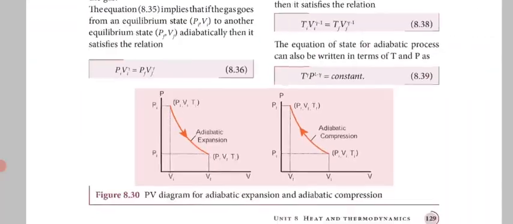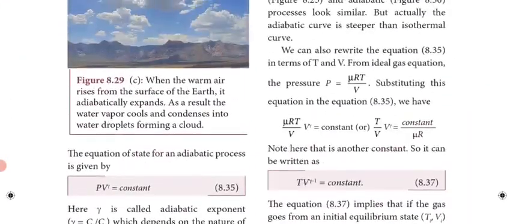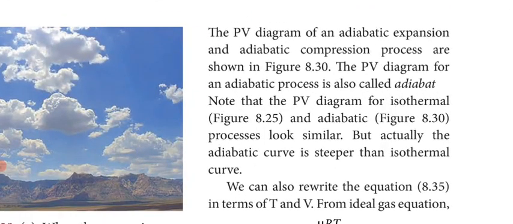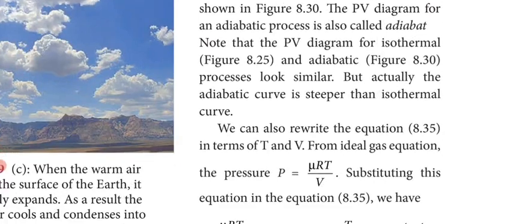These are the adiabatic expansions, and the PV diagrams of an adiabatic expansion or adiabatic compression are shown very clearly in the picture. The PV diagram for an adiabatic process is also called an adiabat. The PV diagrams for isothermal and adiabatic processes look similar, but actually the adiabatic curve is steeper than the isothermal.